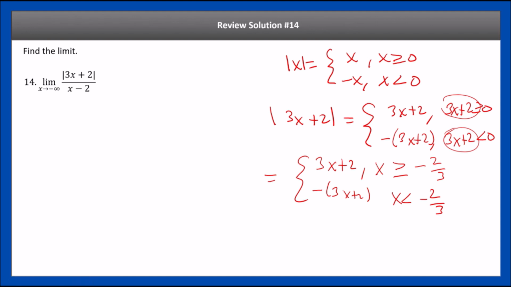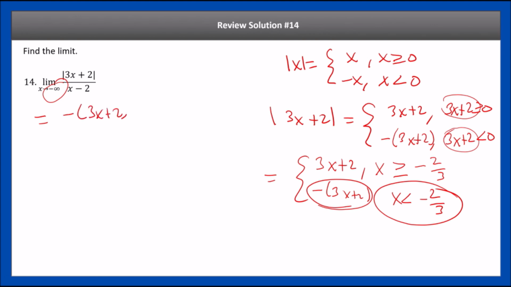But in any case, as x goes to negative infinity, we are looking at the scenario when x is less than this value, so we're going to be using the opposite. So we're going to turn this into negative, the opposite of itself, rather. Sorry.